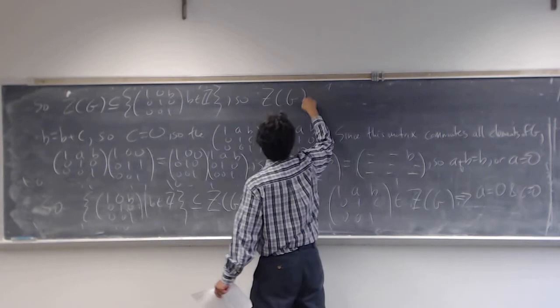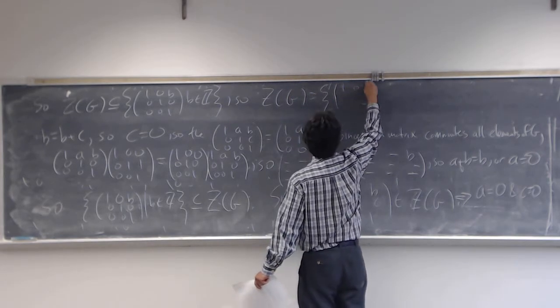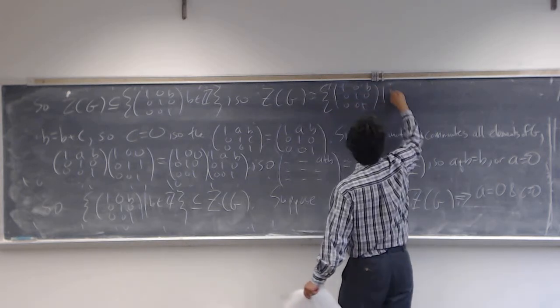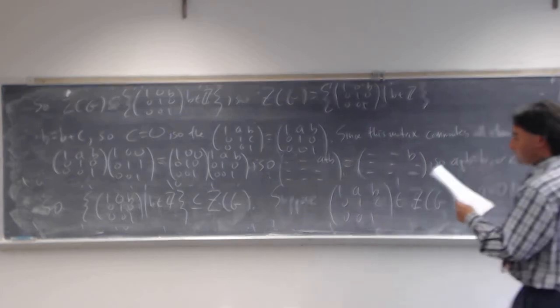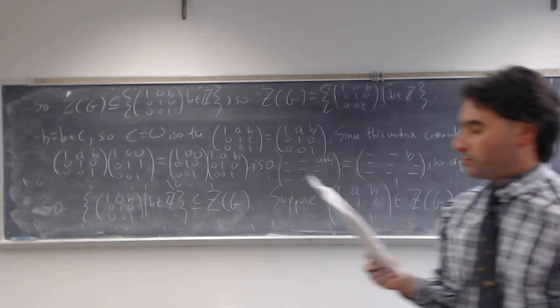So both together prove that the center of G is exactly this set. And now we know, of course, as we marked earlier, that the group of cosets will form a group, because in any group, the center is a normal subgroup.